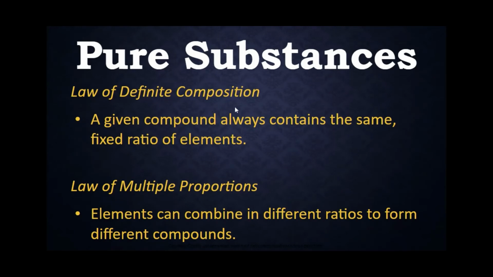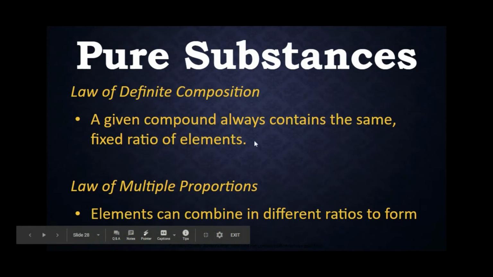The law of definite composition says that a given compound always contains the same fixed ratio of elements, just as we know that water is always one hydrogen atom and two oxygen atoms, H2O. If the ratio is different, then that is no longer water.